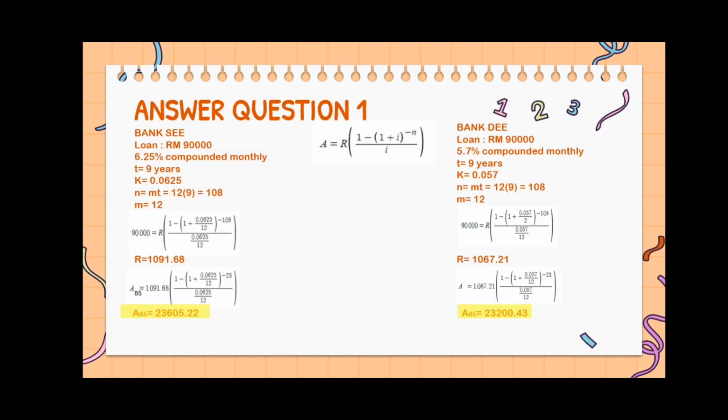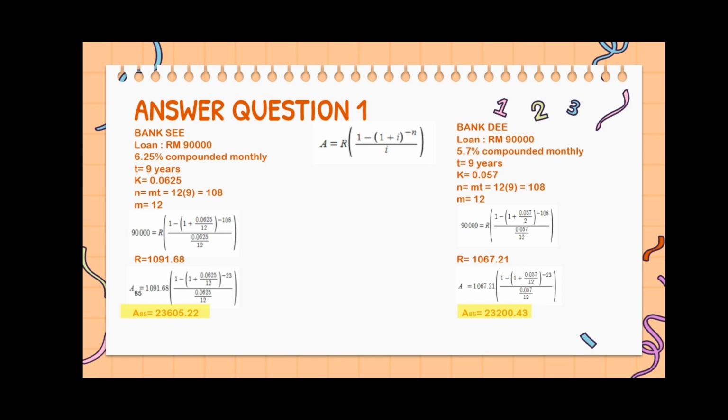The next step is how we answer the question. We use the formula A equals R times 1 minus (1 plus i) to the power of negative n, divided by i.